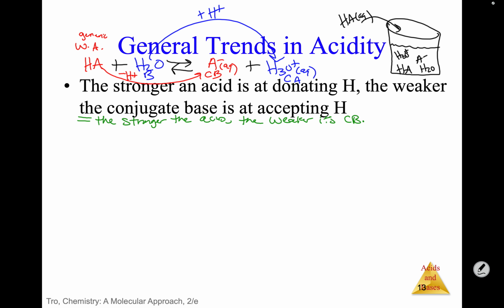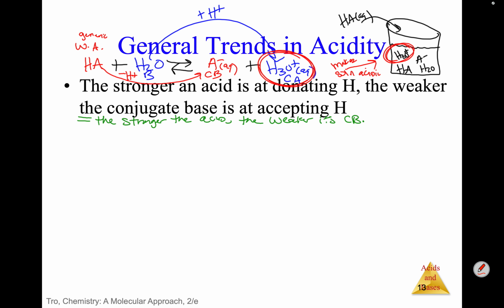So this hydronium makes the solution acidic. Looking back at my equilibrium reaction, where is the hydronium ion, on the right or the left? The right.